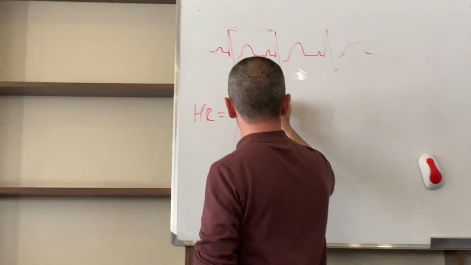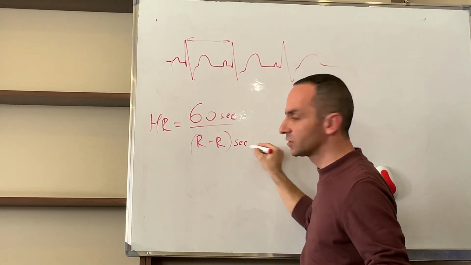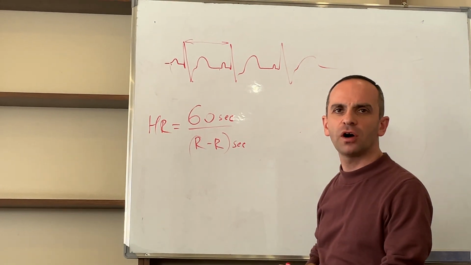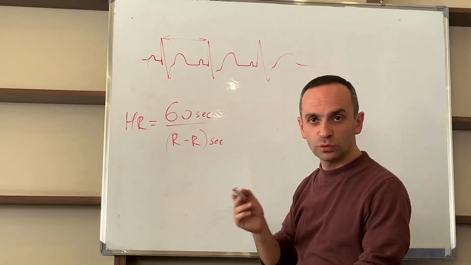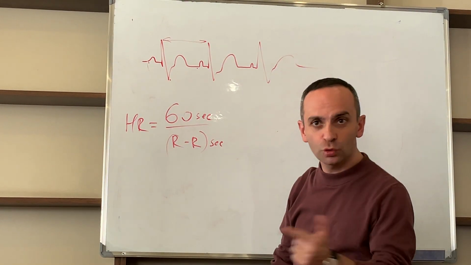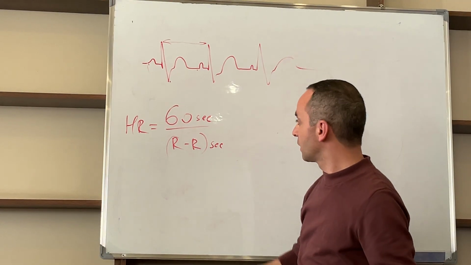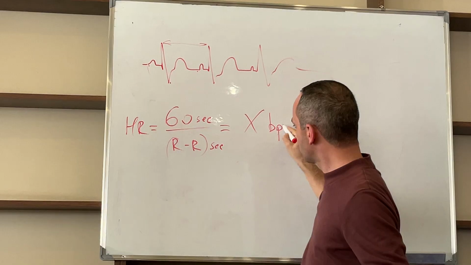If we divide 60 seconds over the RR interval in seconds, by the way, it's called RR interval, not respiratory rate, as students usually say. Not R minus R, it's not minus. R to R. So we'll get some X beats per minute.